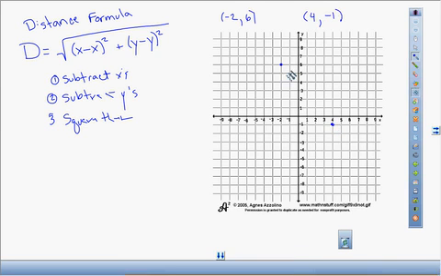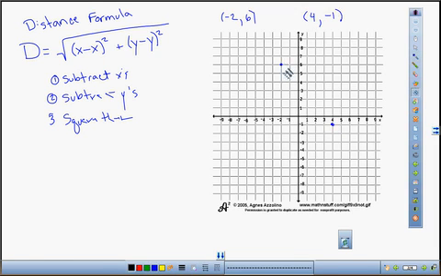So we are looking for the distance between these 2 points. That's the distance that we're looking for. Now, if you have graph paper handy, you can always just count the sides to get the sides of your triangle and use the Pythagorean theorem. That is always a perfectly legitimate option.